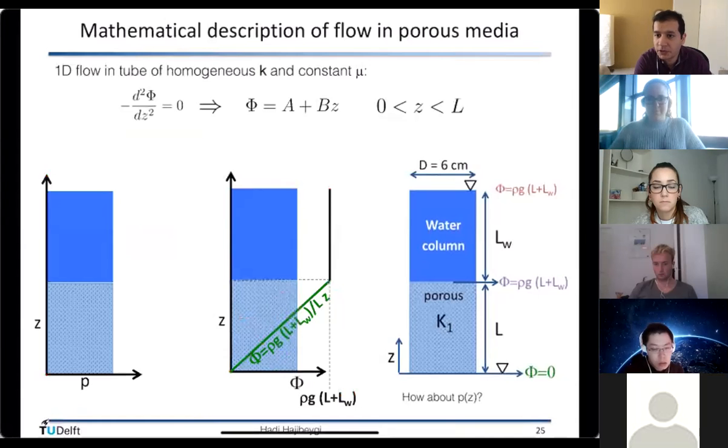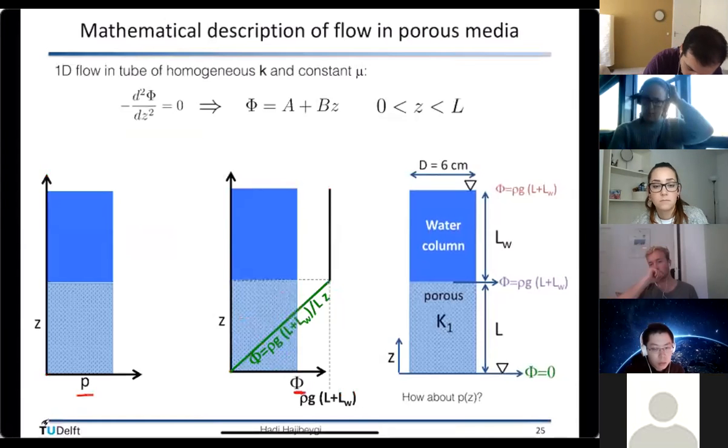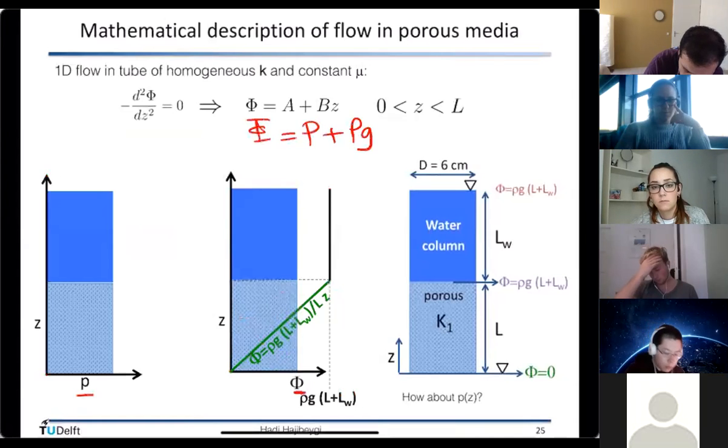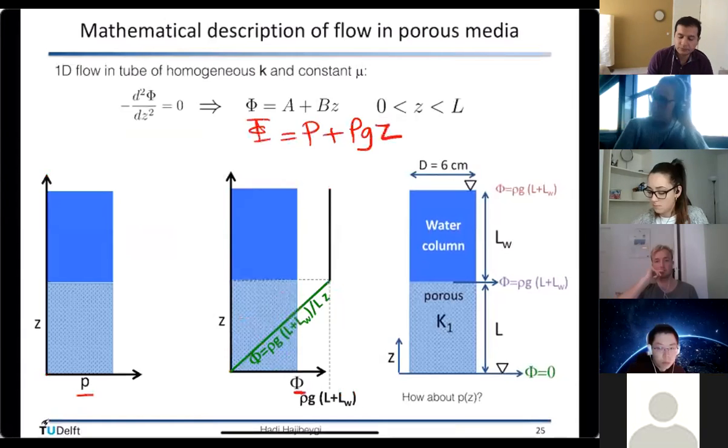What's the relationship between potential phi and pressure P? Potential is pressure plus rho g Z. So let's find the pressure across this sample and plot the pressure in the left plot.